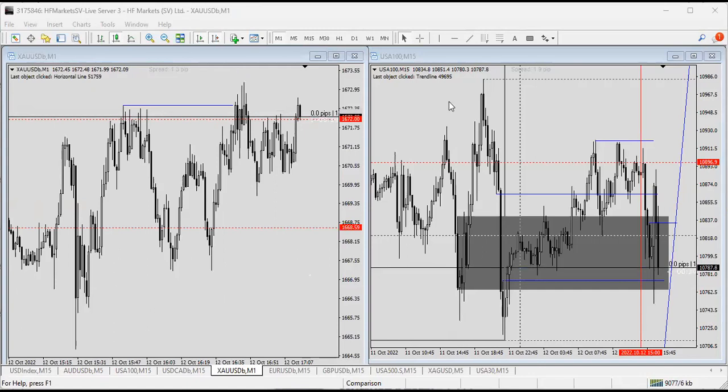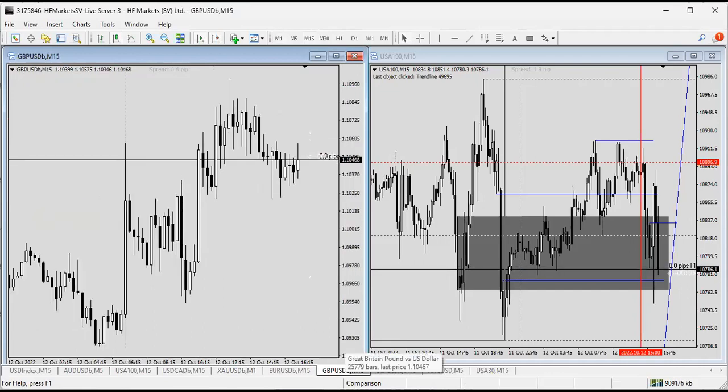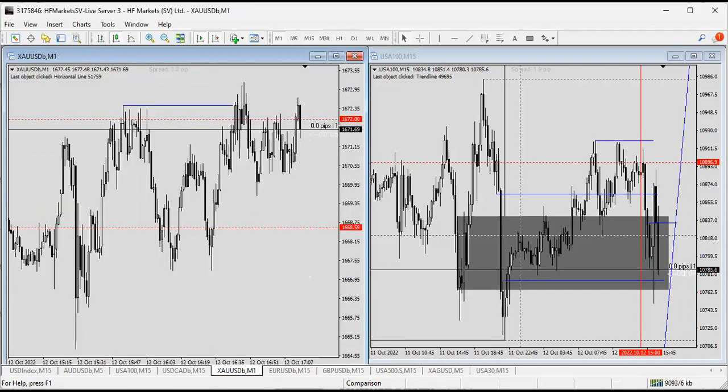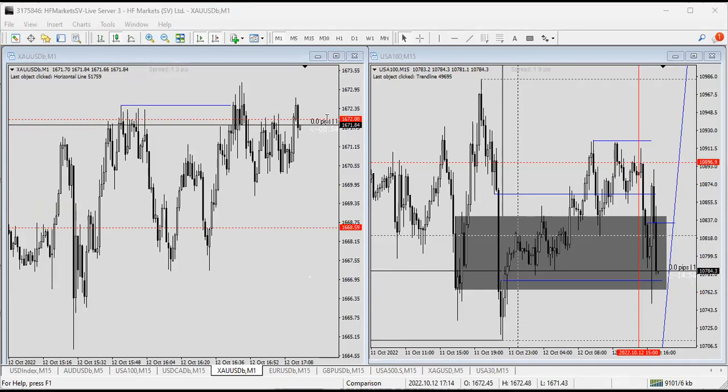Gold BE. I haven't moved my stop. My SL at 1674.